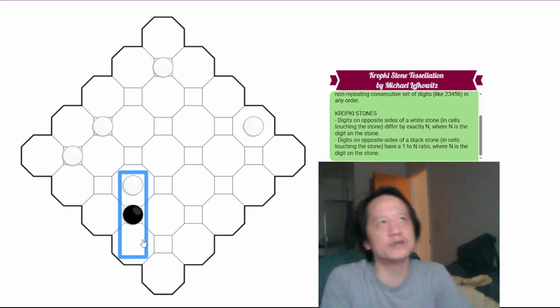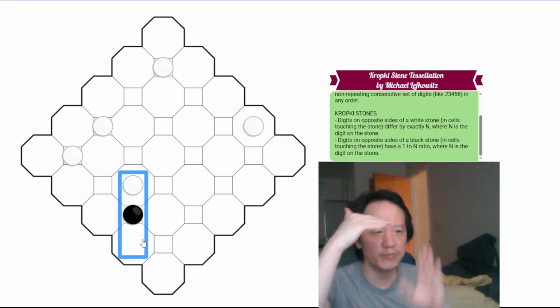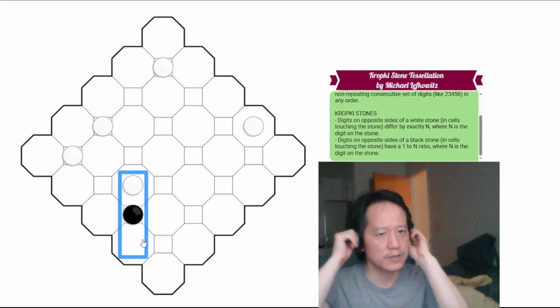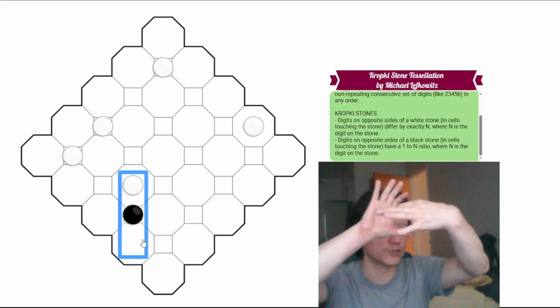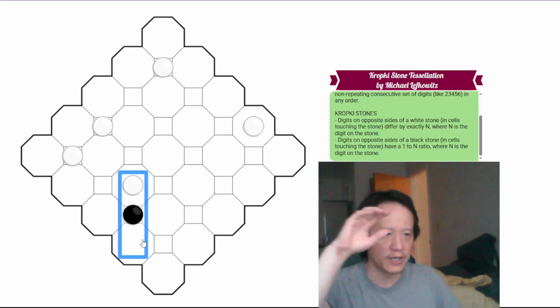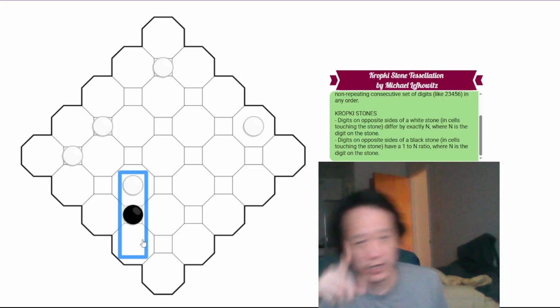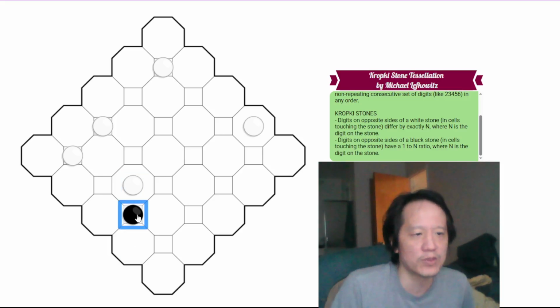So in the puzzle that we had with a normal Sudoku, it was in the middle of the grid. So it was between two cells above it and below it, and two cells to the left and right of it. But two of the cells were sharing a cell with one other cell. And from that, we figured out the black Kropki stone has to always be a 2 in that situation.